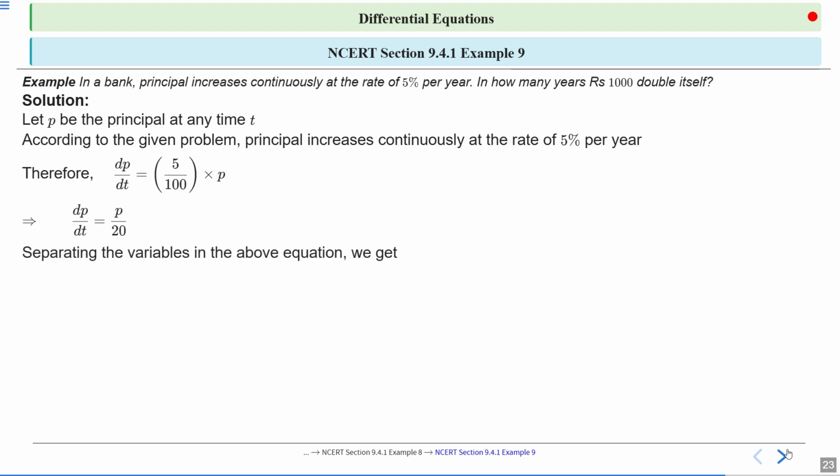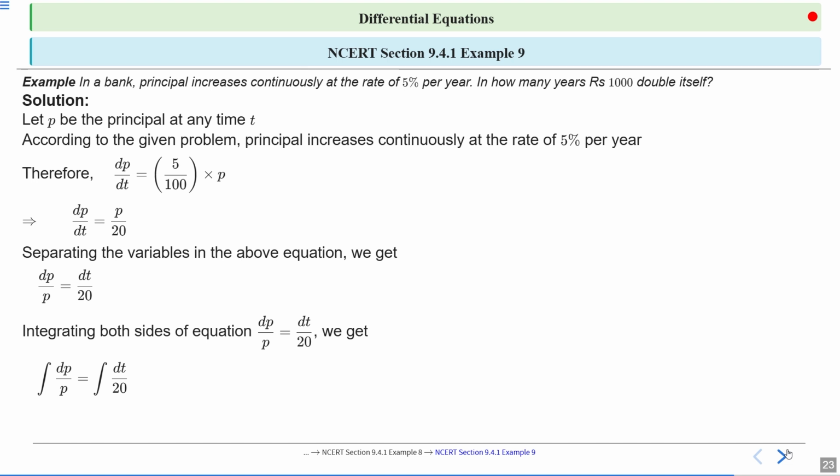Now we can apply the variable separable method. Separating the variables, we get dP/P = dt/20. Just integrate both sides of the equation: the integration of dP/P equals the integration of dt/20.